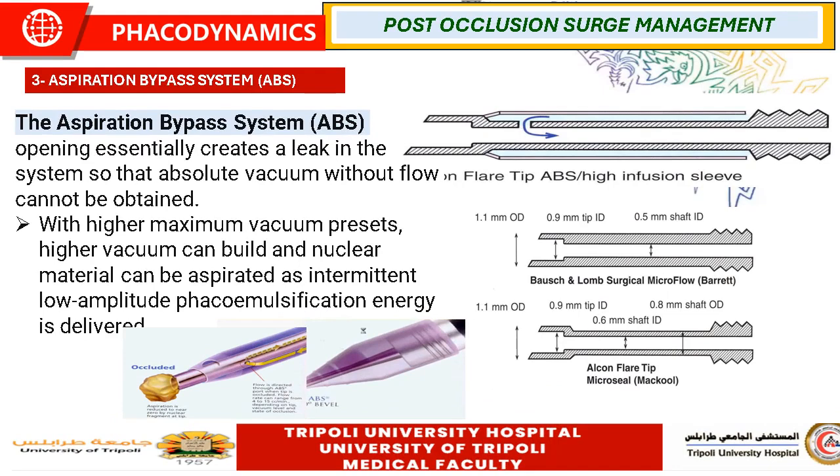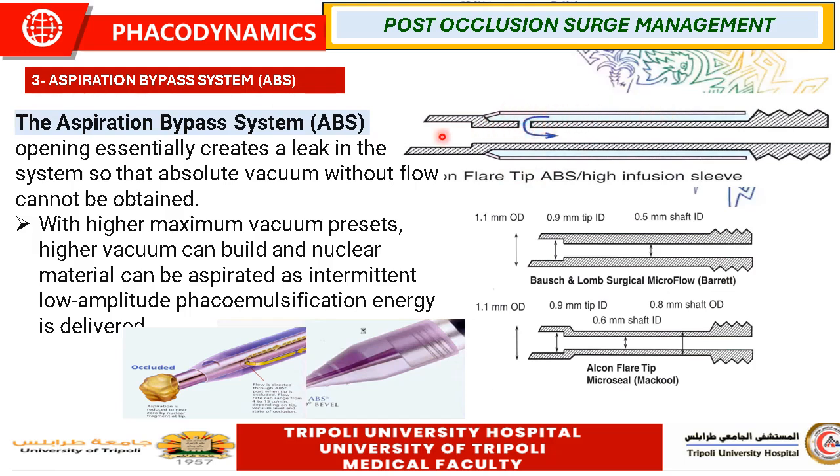Another method to protect from the post-occlusion surge is a special modification of the Phaco needle, which is known as the aspiration bypass system. Now, the aspiration bypass system, first invented by Alcon company, is based on the principle that there is a small opening in the shaft of the Phaco needle underneath the silicone sleeve.